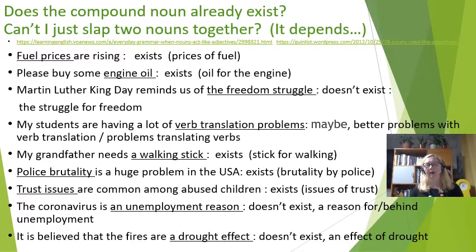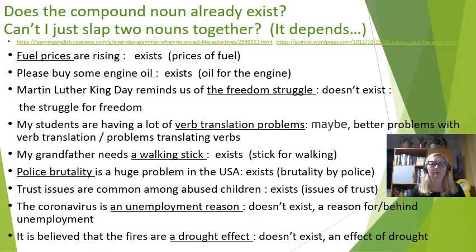So a pattern that I'm recognizing here, there's a bunch of random, common nouns that have come to exist together, these combined nouns. But when you start talking about more abstract phenomena or notions, I would say it's less likely that the compound noun already exists for that expression.